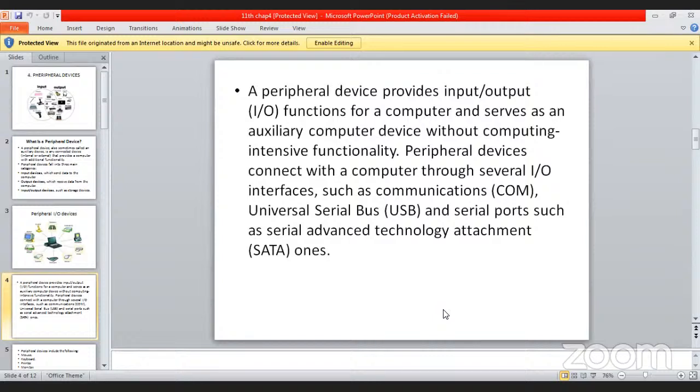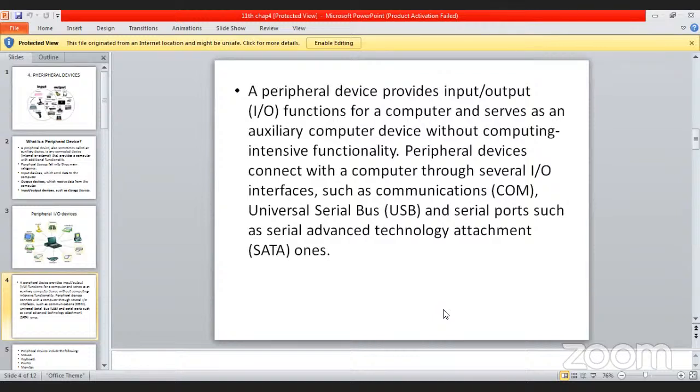Peripheral devices connect with a computer through several input-output interfaces such as communications, called COM also, and universal serial bus, that is USB, and different types of serial ports also, such as Serial Advanced Technology, SATA. At one PC or computer we can attach a number of such input-output devices.